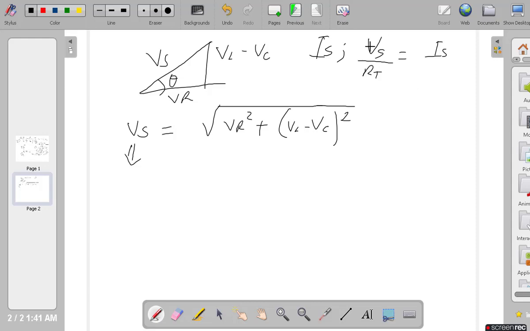But the R total of the AC circuit is not called R total, it's called Z total. So Vs over Z total gives us the supply current.